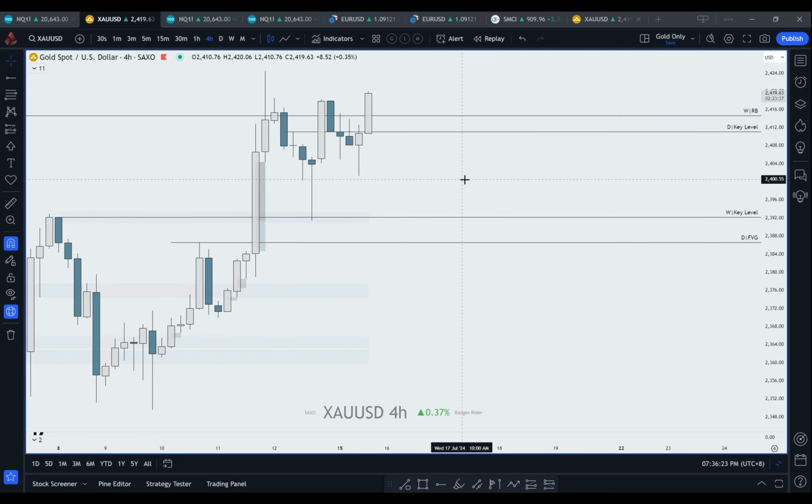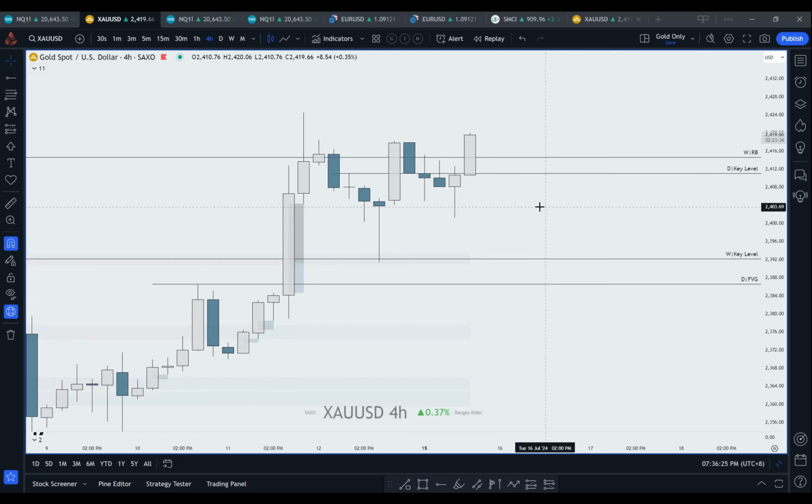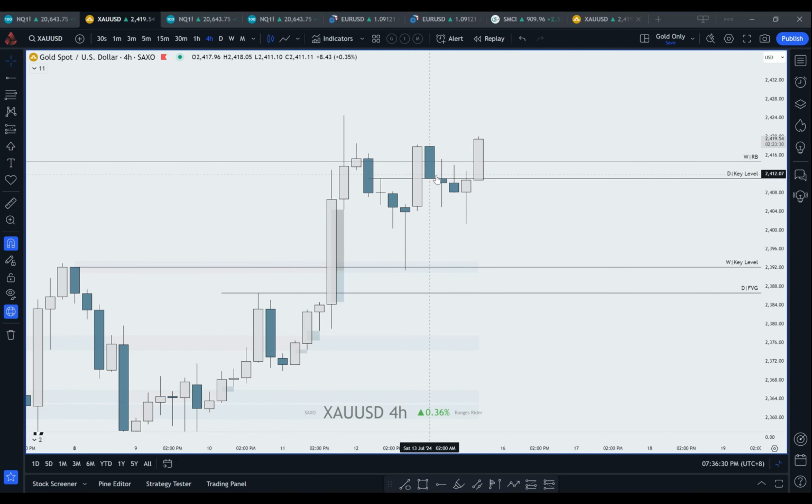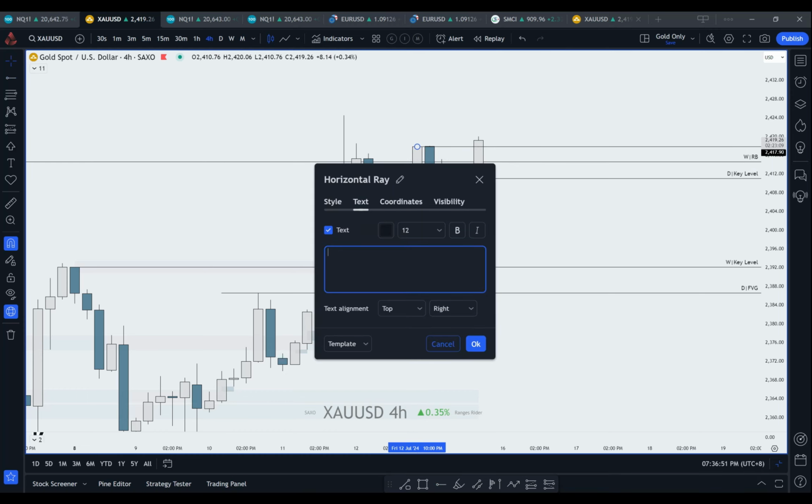And as for the levels, what we see here, where the day started, this one, the day started from here. So when the day started, you see that this is the first candle. So before the day started, we have the H4 rejection block.